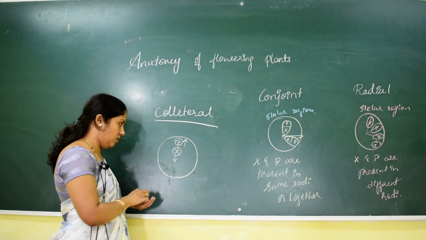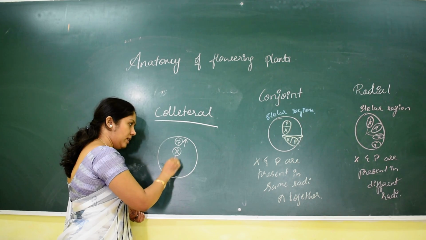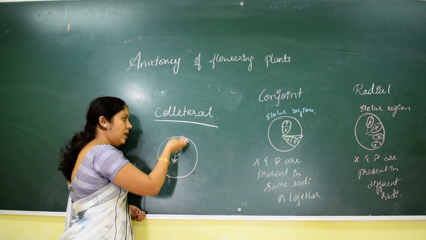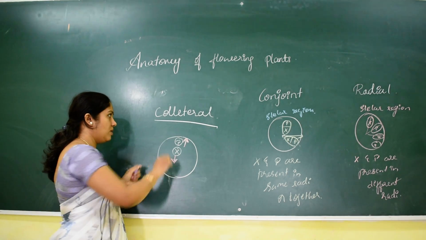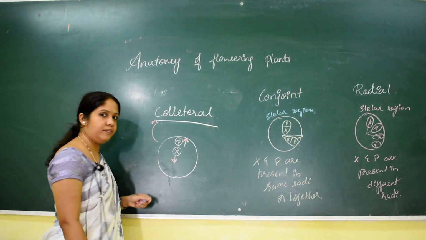I have drawn an arrow mark, see. Which side is the xylem? Towards the center. Which side is the phloem? Away from the center, or towards the pericycle. That type is called collateral.